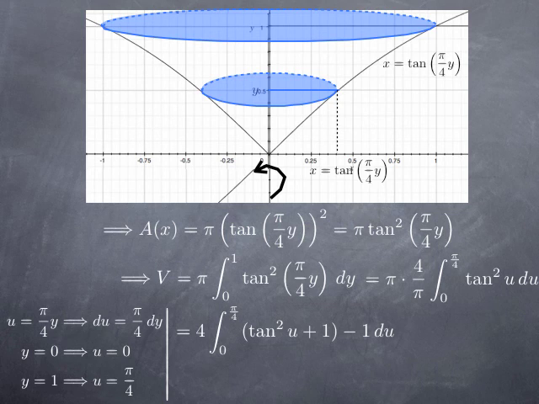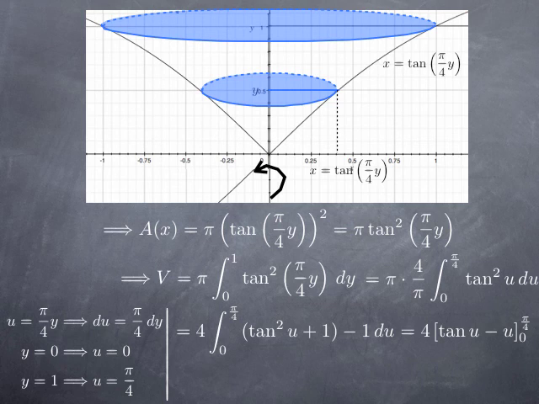The reason why I do that is because we know that the derivative of tangent is secant squared, which can also be written 1 plus tangent squared. In other words, if I have tangent squared plus 1, then I have an antiderivative, namely the tangent. That is why for the antiderivative we get tangent of u minus u for the antiderivative of minus 1.